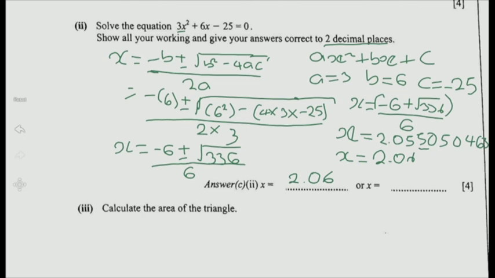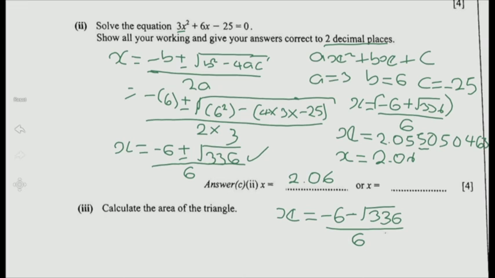Similarly, using that, you can get your second root. So your second root is x equal to negative 6, now we'll use the negative sign, so minus the square root of 336, over 6.